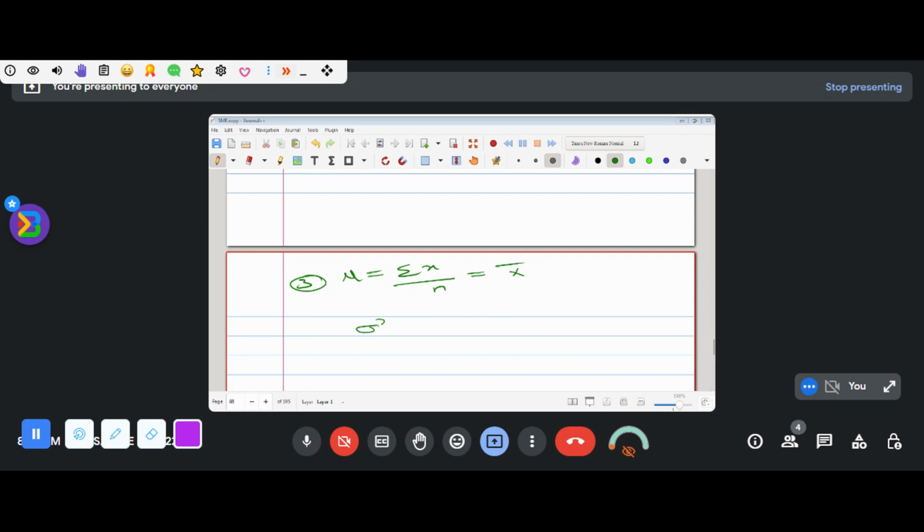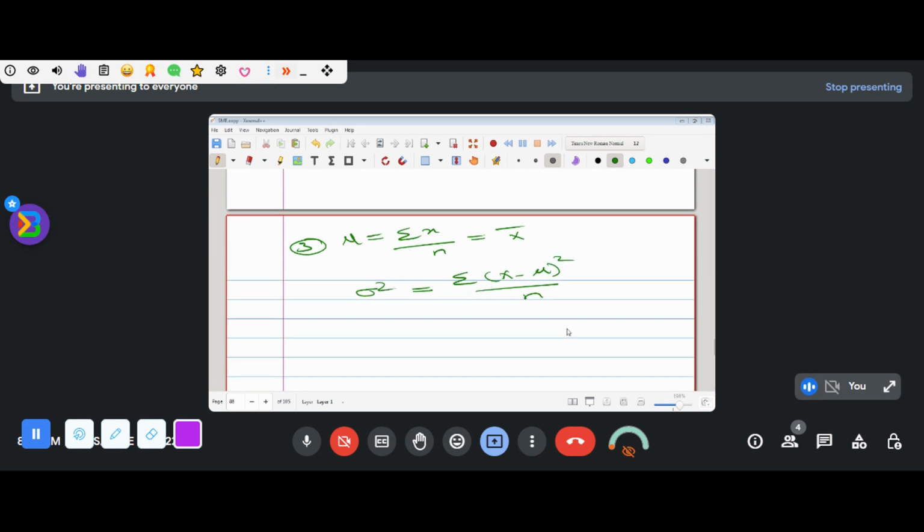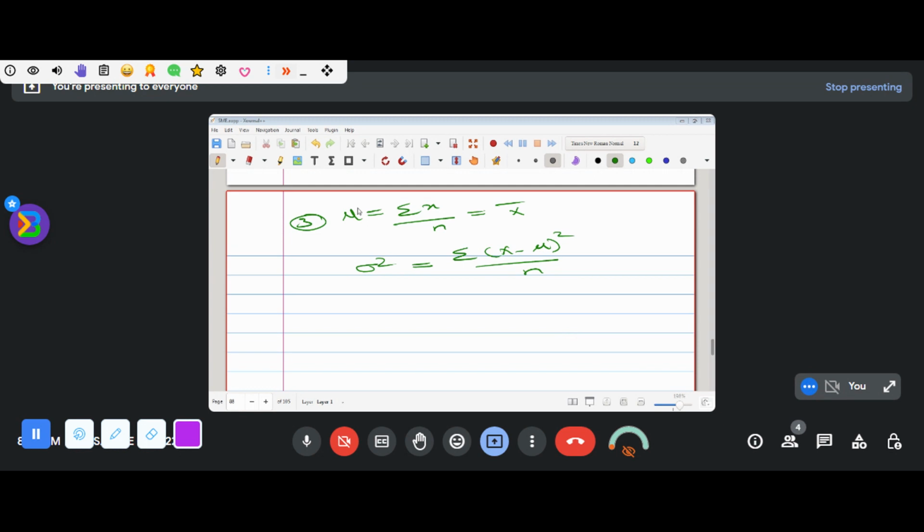And the sigma squared value is already done: summation xi minus mu whole square divided by n. The mu value is x bar, therefore sigma squared equals summation xi minus x bar the whole square divided by n. So both conditions are satisfied, and our estimation is completed.